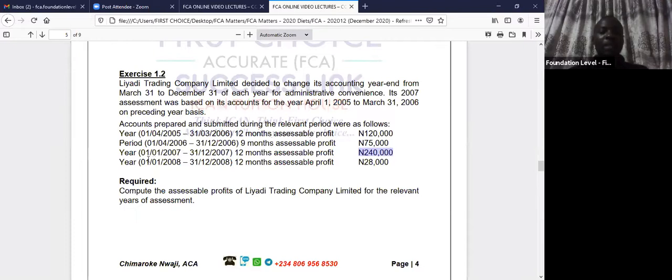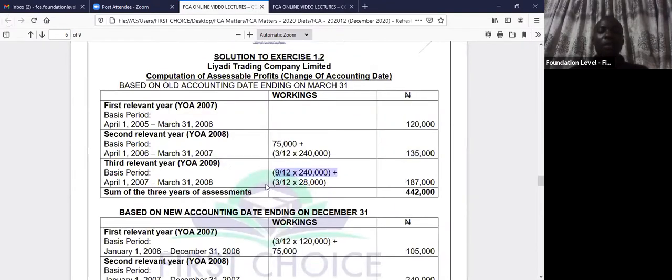Then the remaining 3 months, you are going to take it here out of 12. So that's what we did here. 9 out of 12 plus 3 out of 12. And that gives me 187,000 when completely done. We sum the 3 years and we get 442,000. Okay? Now that is done.